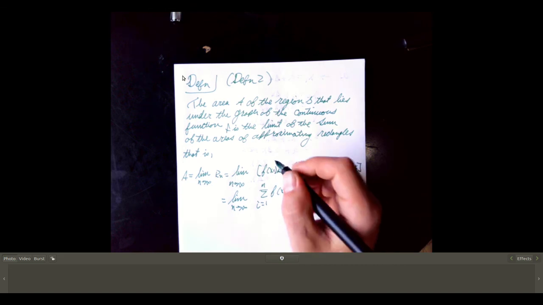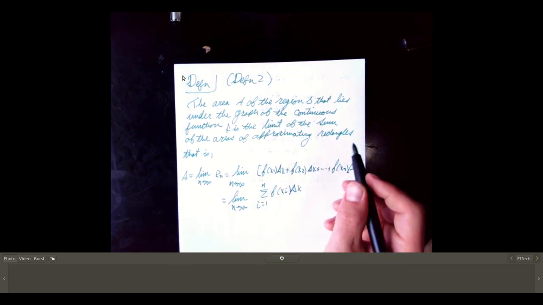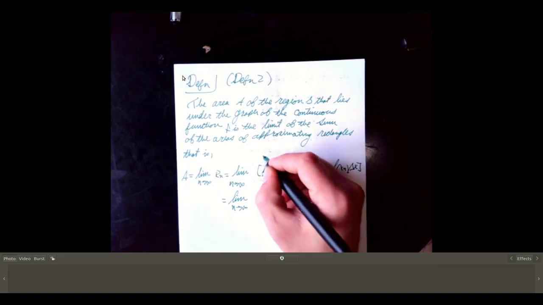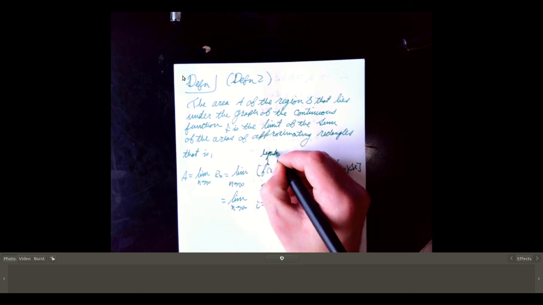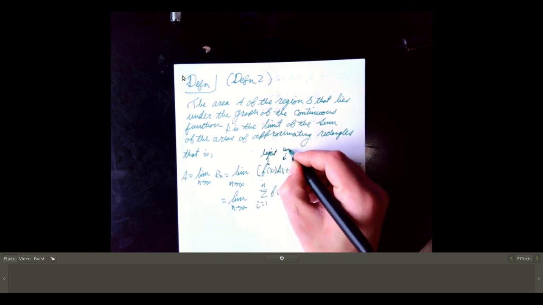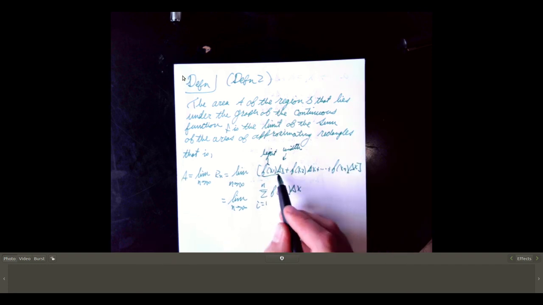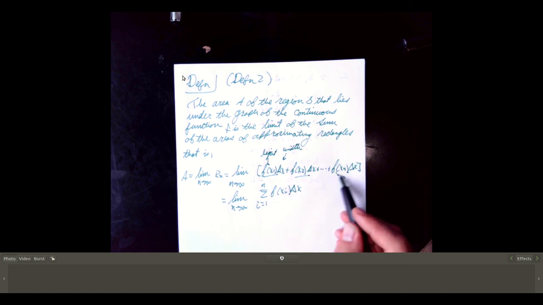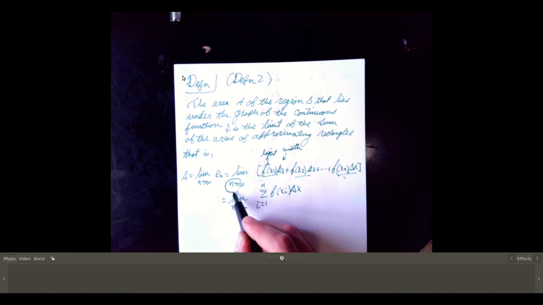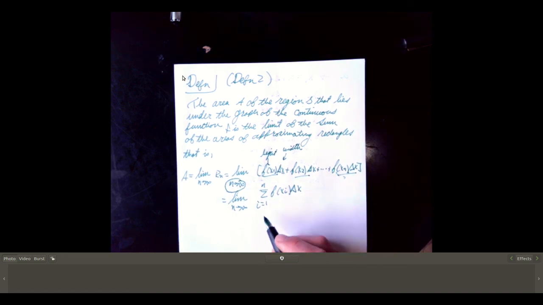What we're doing is we're using these approximating rectangles where we have a height and a width, and we're adding up the area from that rectangle, and we're adding up all of these areas as n goes out to infinity. I believe you guys have seen the sigma before.